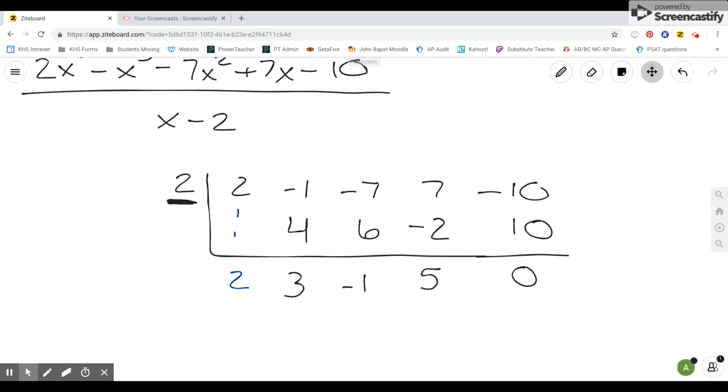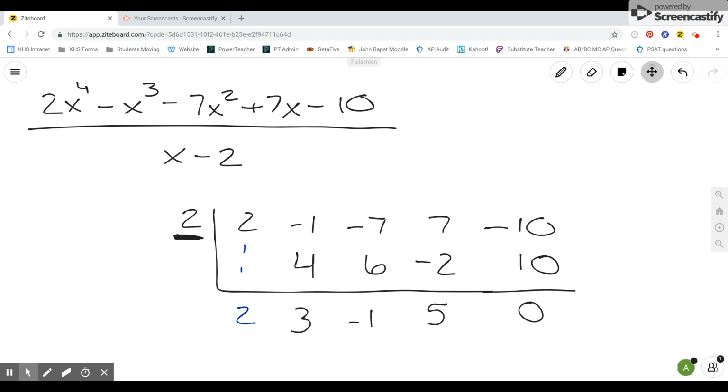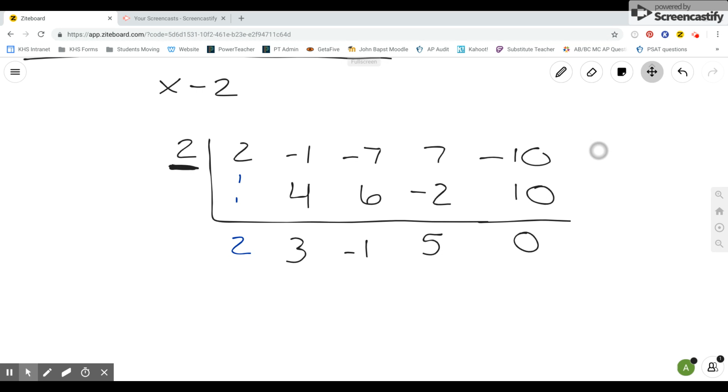And what we do here is write these coefficients as a polynomial. So looking back at our original, it was a fourth degree polynomial, so you always take one less of that degree. So it's going to be 2x cubed plus 3x squared minus x plus 5.